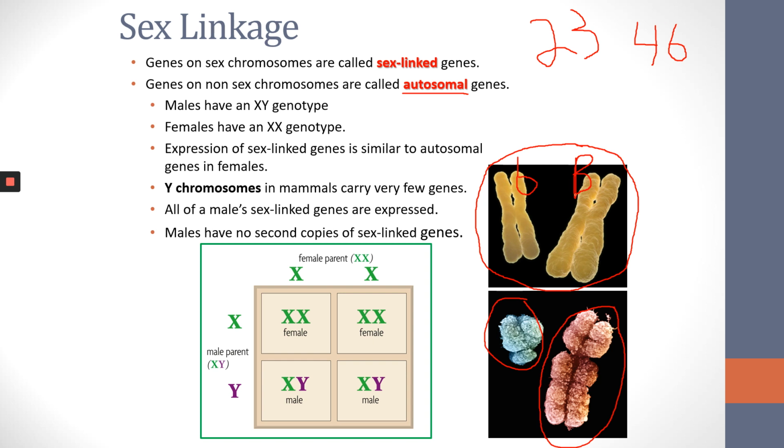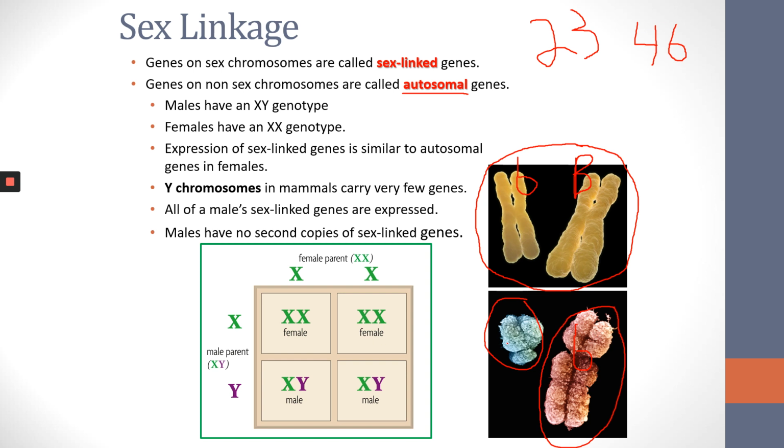On the other hand, if you are male and you have the recessive allele for that particular disorder, there's no chance that it could be masked. This Y chromosome does not carry another copy of this particular gene, and so therefore there is no dominant trait that could mask it. So if you are male and one of these sex-linked chromosomes is carrying a particular disorder, you are going to exhibit that disorder.